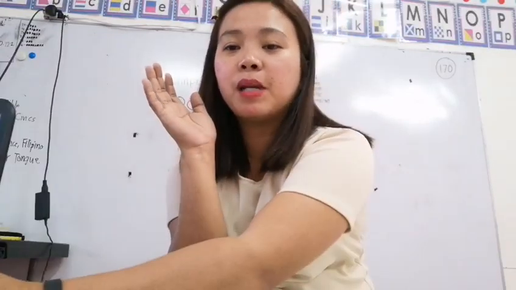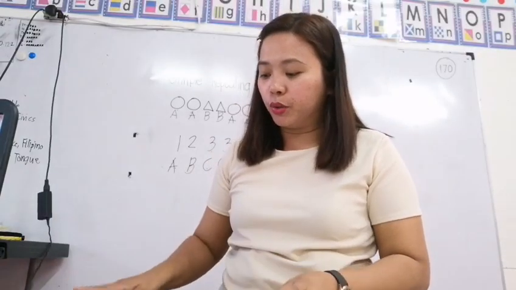Okay, now please get your book. Go to page 264. I want you to draw 5 resources that we can get from the earth. You know already, right?